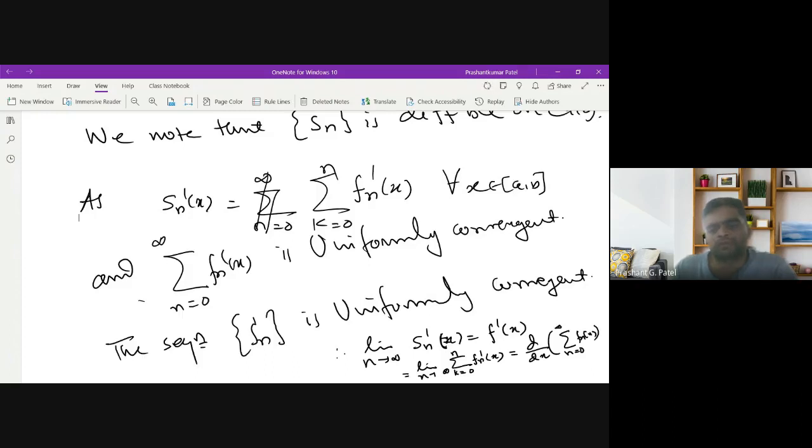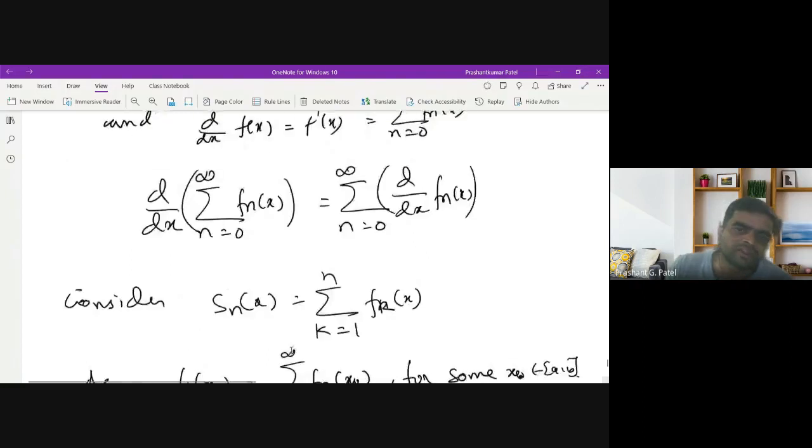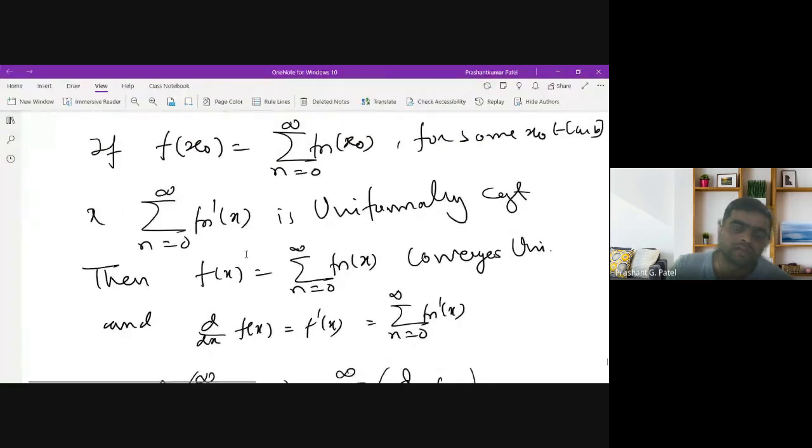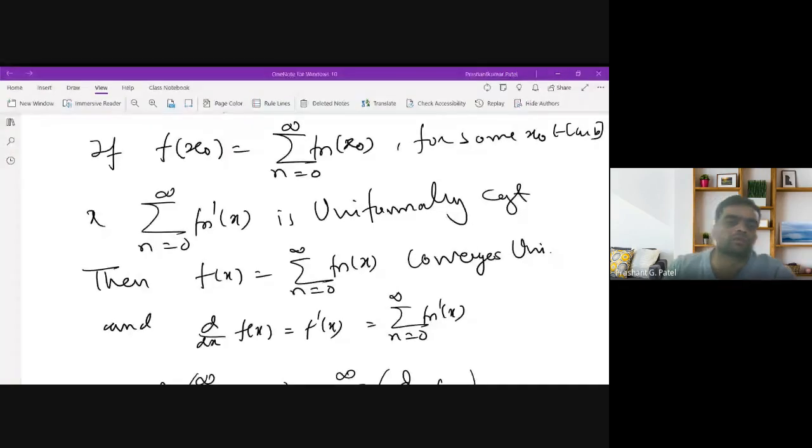That means interchanging of summation and differentiation is possible if the series satisfies the three conditions. So this gives you the proof that term by term differentiation is possible under those three conditions. So if you have any questions, you can ask.